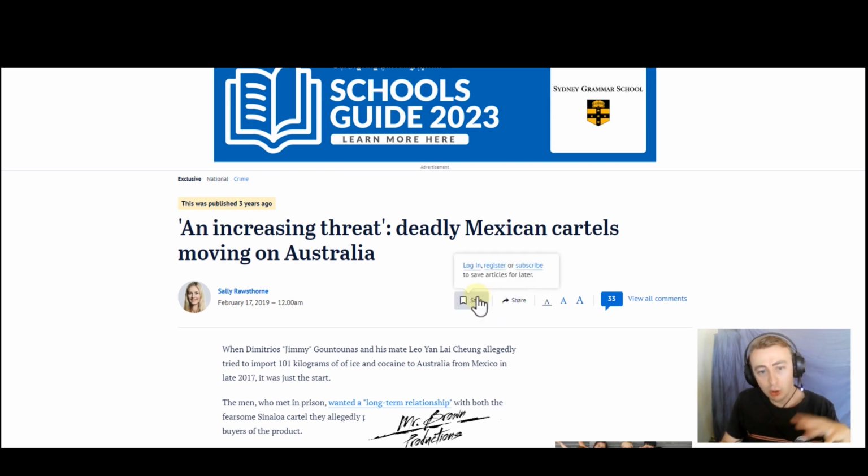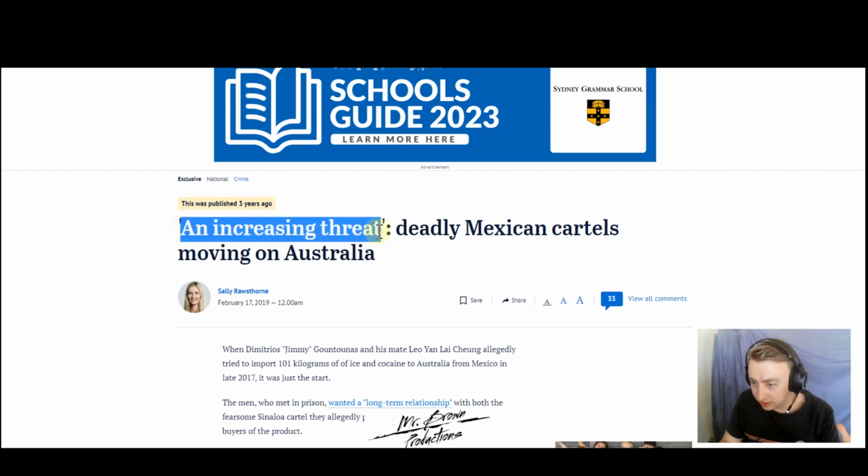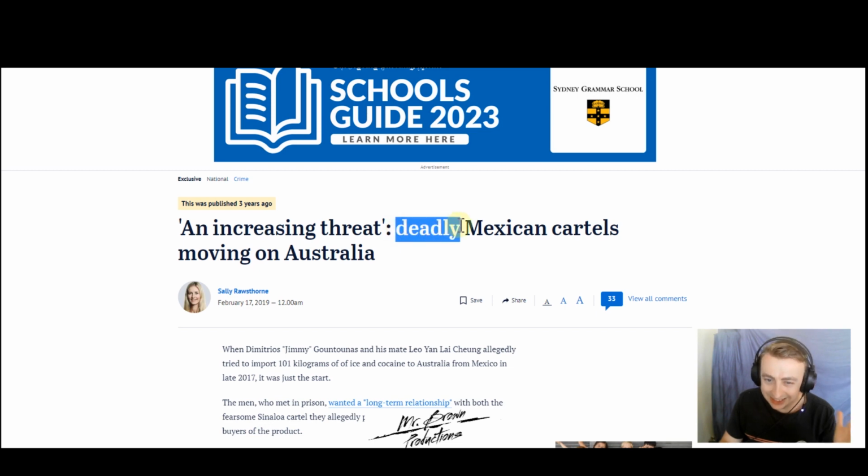But qualitatively, what I can see from the article is that it's trying to invoke a particularly emotive response in the reader. The emotion, I think, is fear. That's the word that jumps out to me. I'm being told that there's an increasing threat on the horizon in Australia, and the word deadly here, that's a pretty strong use of language, and to me that's trying to invoke fear.